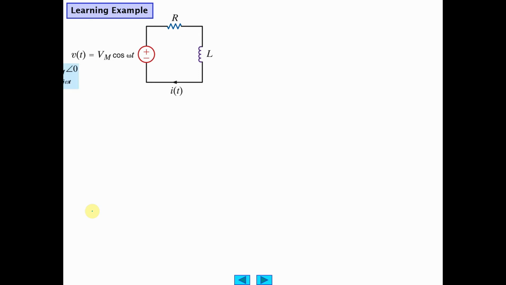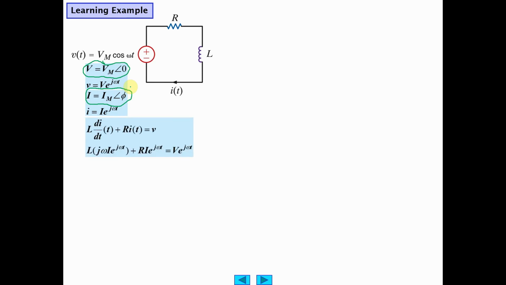So here's the same circuit we had before. We write it in its phasor form. So we have the response. We can just consider this stuff here. We don't have to consider everything in the world.